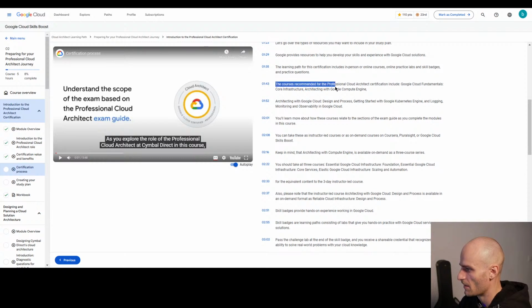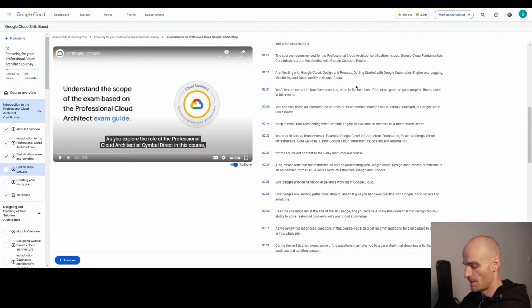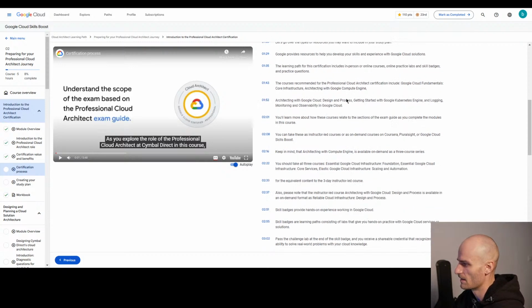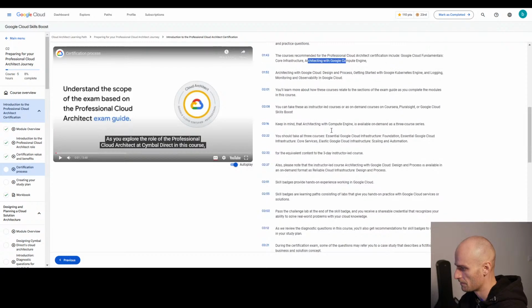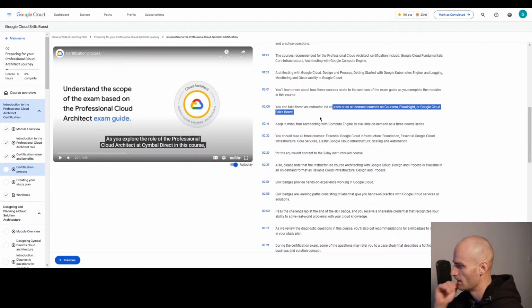The courses recommended for the professional cloud architect certification also include some fundamental courses, which maybe we'll do, as in some cases I don't really remember everything about all these fundamental services and tools characteristics. There's also external material such as Coursera and Pluralsight.